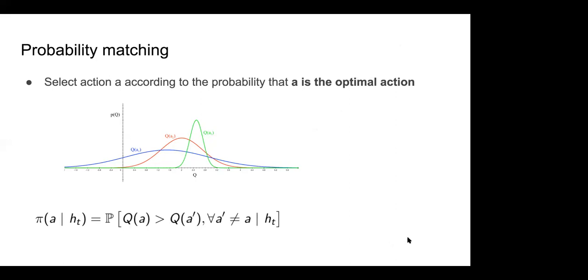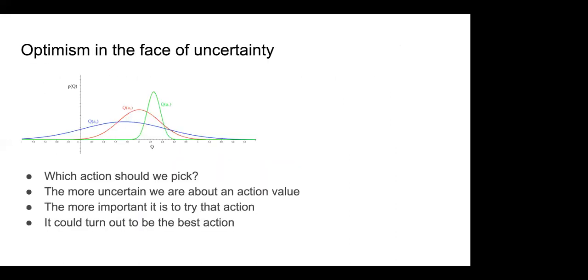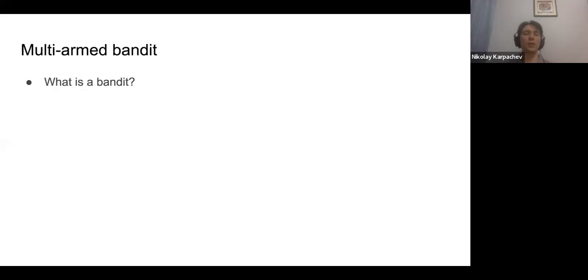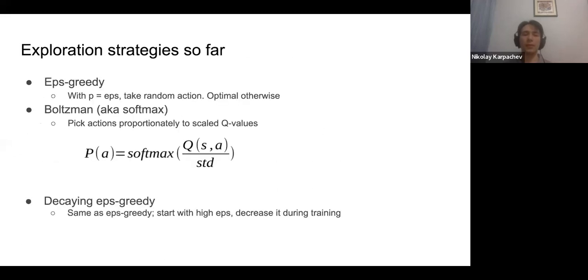Can you please explain once again the Boltzmann algorithm from the beginning? Sure. It is the same as softmax sampling. We've seen it several times before under the name softmax sampling.